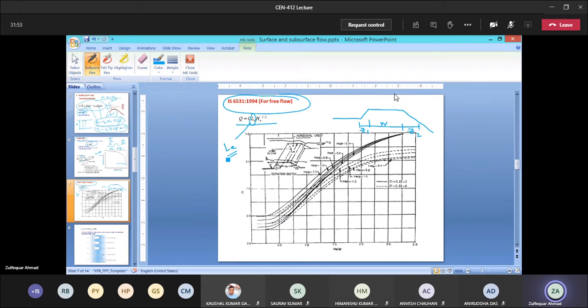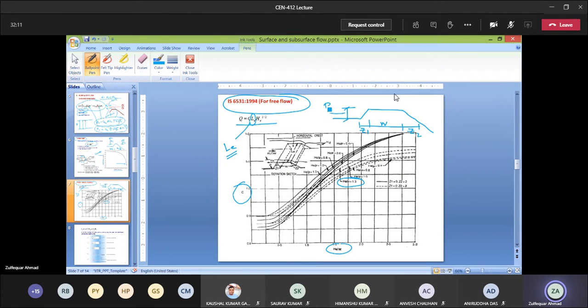So now, what is the value of C? You can see C on the y-axis, and here is HE by W, for the different values of HE by P. What is P? P is this height.